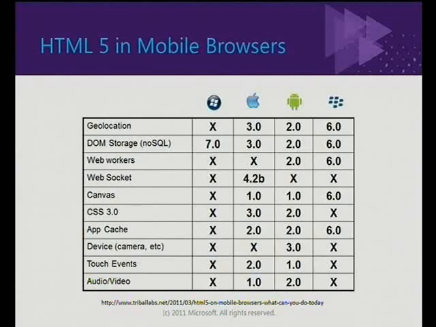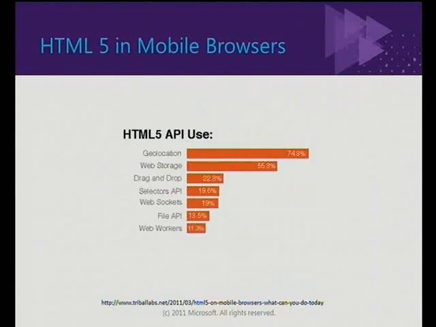So the transition there is that the first version of Windows Phone was based on IE7. Mango, I should stop calling it Windows Phone Mango, it's Windows Phone 7.5, will be based on IE9. Okay, so it's pretty much the same code base that comes across. The major APIs that are used around mobile platforms are predominantly the geolocation and the web storage.